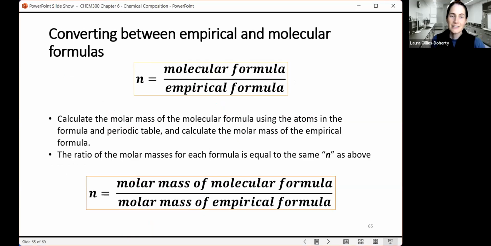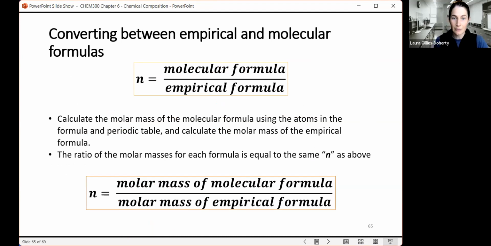Because chemical formulas are the ratios of the moles of each type of atom in a chemical compound, we can use the molar masses of these compounds to also figure out the value of N, the multiplier between the empirical formula and the molecular formula.